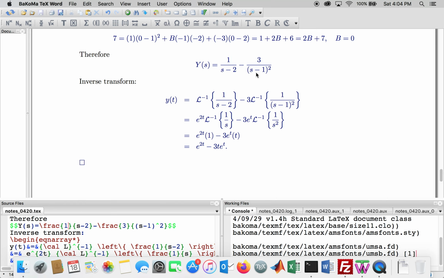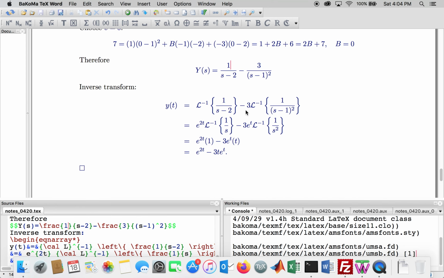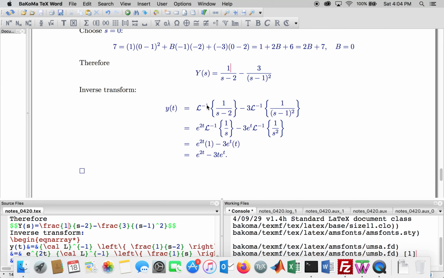Those kinds of things transform back into exponentials, sines, cosines, or powers of t. So then you can get into a form where you can readily take the inverse transform, taking linearity into account first, and any shifts second. Then you have the simplest possible functions to, again, consult your table if you need to, take the inverse transforms, and finally write down the solution, y of t.